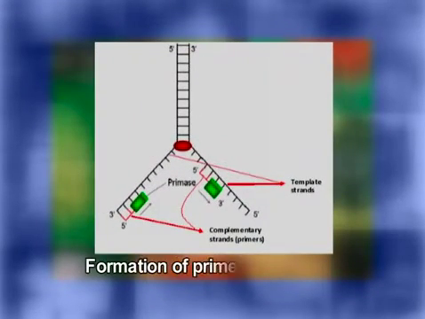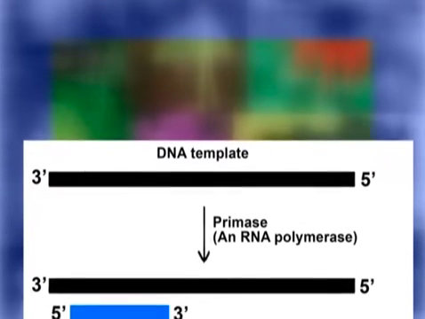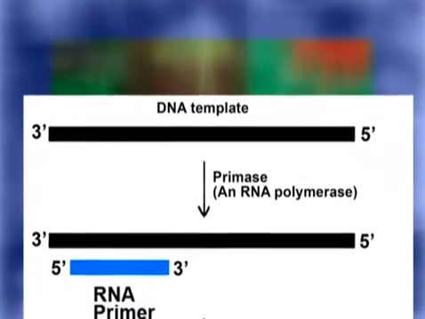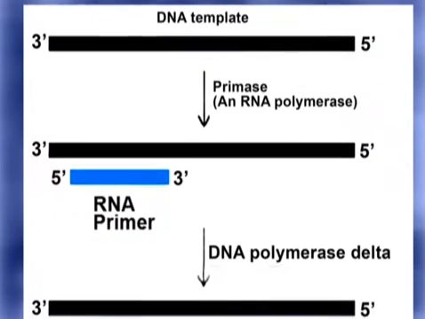RNA primers are synthesized by a DNA-dependent RNA polymerase called primase. Primases can initiate a new polynucleotide strand complementary to a template strand, and they themselves do not require a primer. The primer is synthesized by the primase using single-stranded DNA as template.